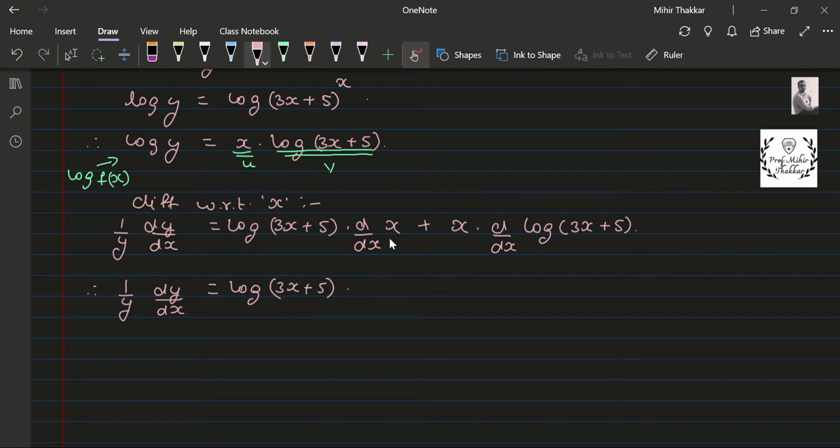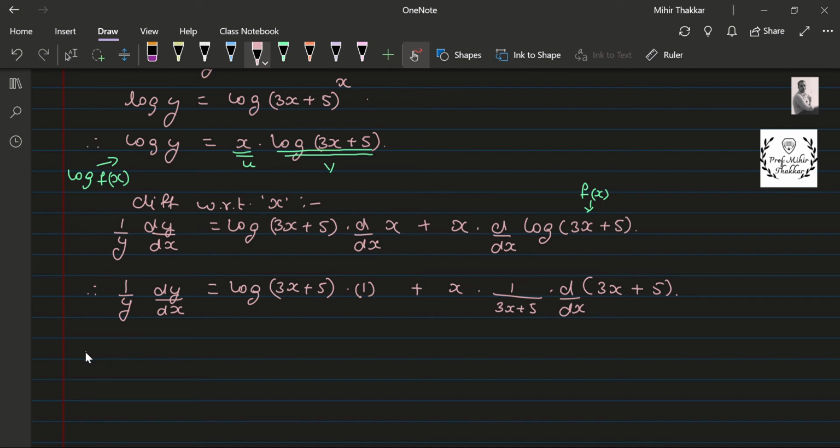Log 3x plus 5, no change, leave it as it is. And what is derivative of x? It is 1. This x will be as it is. And what is derivative of log 3x plus 5? Yes, we consider this as log of f x, so the answer will once again be 1 upon f x. So 1 upon 3x plus 5 multiplied by derivative of 3x plus 5.